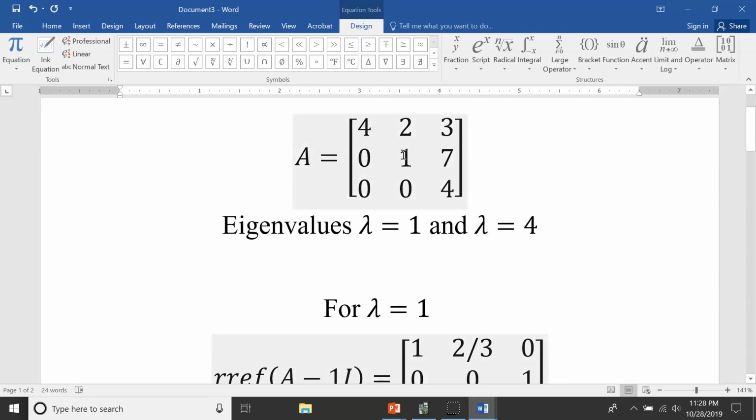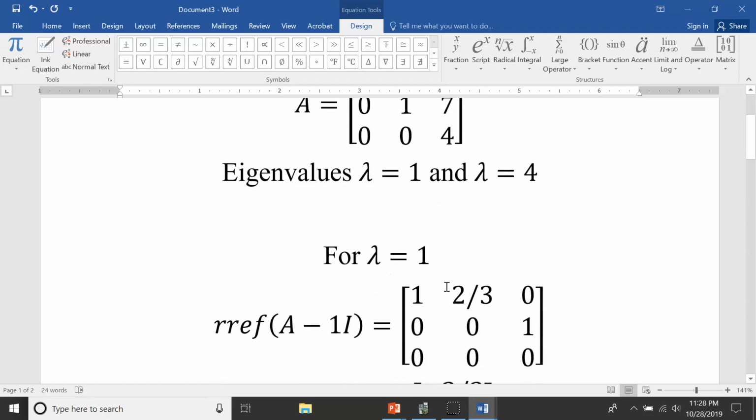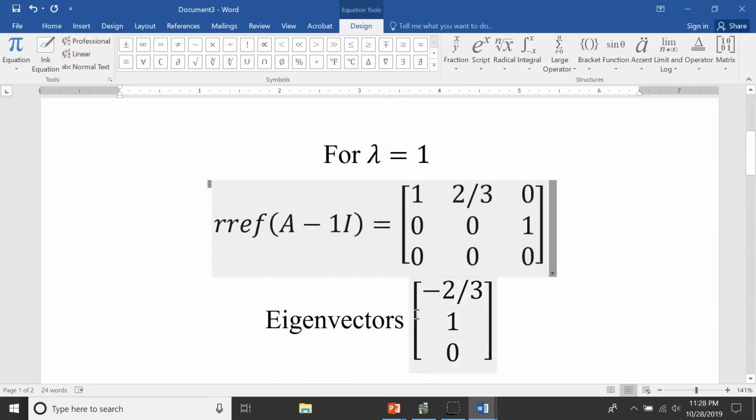We see it's triangular, so eigenvalues are 4s and 1s. 4 has multiplicity 2 this time. 1 has multiplicity 1. Let's start with the eigenvalue of 1. If we try to find eigenvectors for that, we'll have one eigenvector in a basis for the eigenspace corresponding to lambda equals 1, and that eigenvector would be negative 2/3, 1, 0.